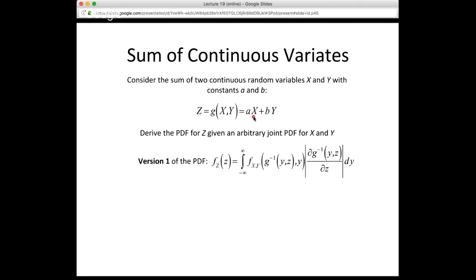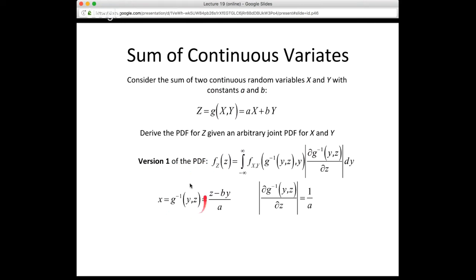If we look back at our formula and solve for x, x is equal to z minus by, over a. Yep, x is equal to g inverse of y,z, which is equal to z minus by divided by a. I'm just rearranging this equation, solving for x to get this particular form of the inverse function for version 1 of the PDF.